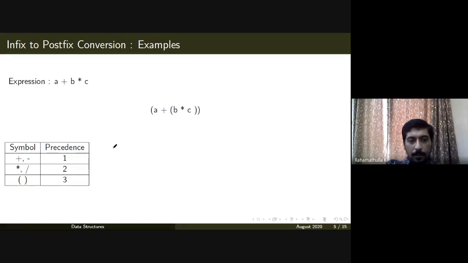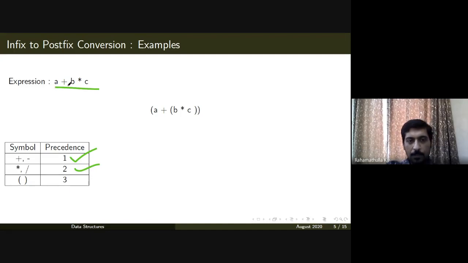Let's see another simple expression and how we can convert an infix expression to postfix manually. This is your expression: a plus b star c. For converting an expression from infix to postfix, we need to understand the precedence, or priority, of operators. In this simple case, we are taking only addition, subtraction, multiplication, division, and round brackets. Addition and subtraction have the same precedence, and multiplication and division have the same precedence, but higher than addition and subtraction.